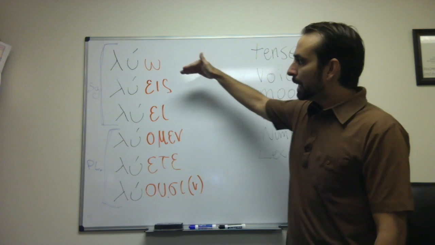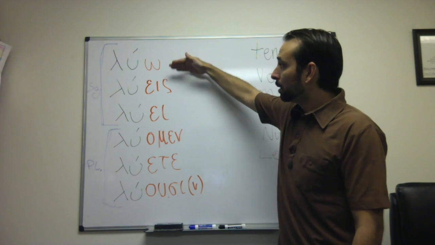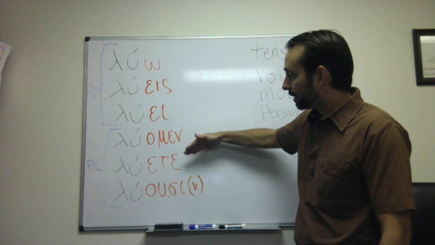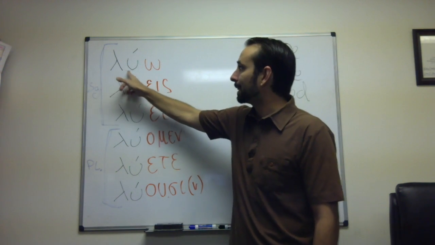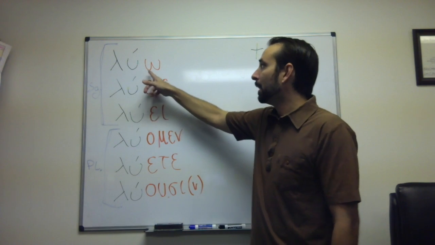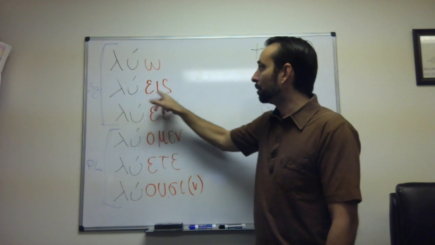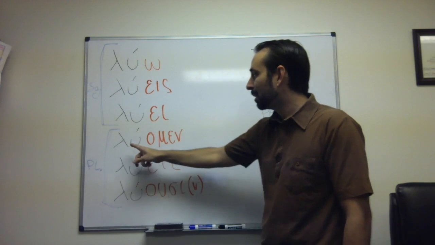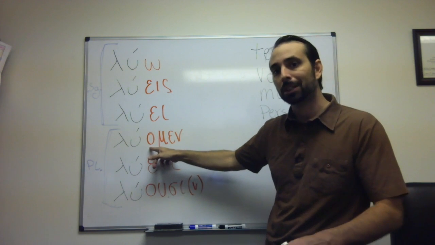So here are your primary active endings, okay? O, eis, ei, omen, ete, ousi. And what's happening here is this is the stem, I put in black here, lu is your vocabulary stem, and then with its ending here. So lu o, lu eis, lu ei, lu omen. It's an omicron, not an omega, so we'll want to say lu omen.